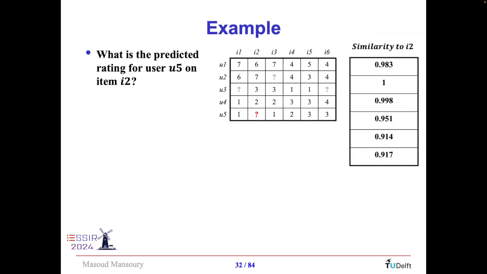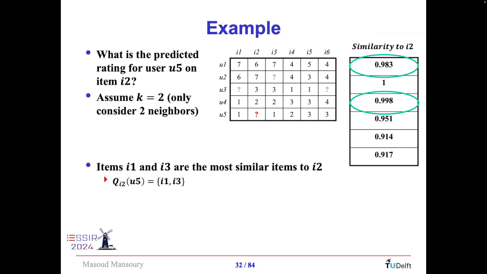So the example here is, if we want to predict the rating value for item I2 by user U5, we first need to determine the number of neighbors. Assuming we set the number of neighbors as 2, we pick the 2 most similar items to the target item, which are item 1 and item 3, these two.